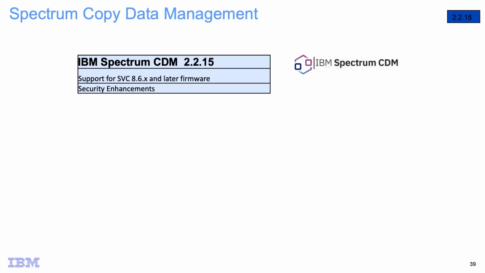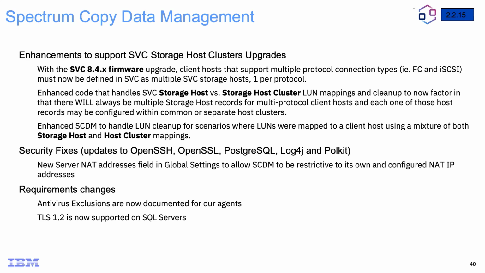Moving on to Spectrum Copy Data Management, we're going to be releasing 2.2.15. And here are some of the enhancements to support SVC. Basically, beginning at version 8.4.x, client hosts in the SVC that support multiple protocols, so they support both Fibre Channel and iSCSI, are now going to have multiple SVC storage hosts, one per protocol, listed in SVC.